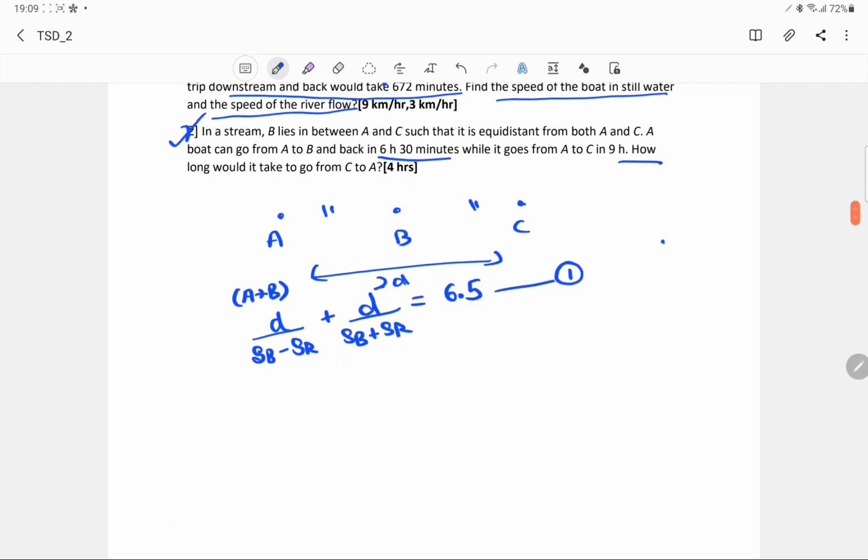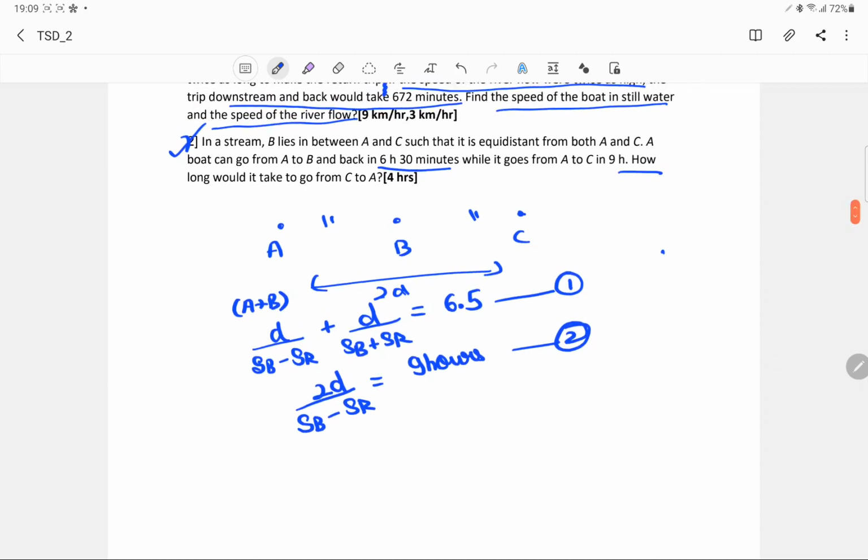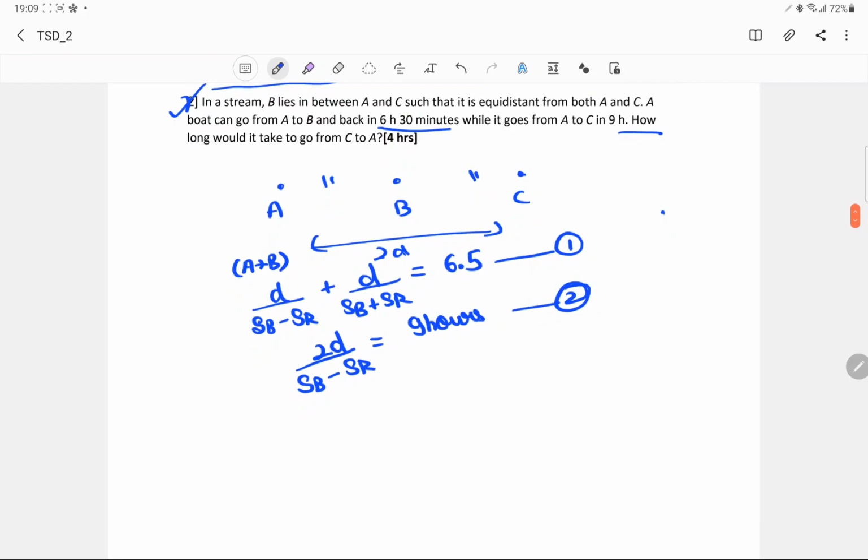The other equation given to you is 2d upon speed of the boat minus speed of the river, which is nothing but 9 hours. Now they are asking how long will it take to go from C to A. That would be 2d upon speed of the boat plus speed of the river. This is what is asked.